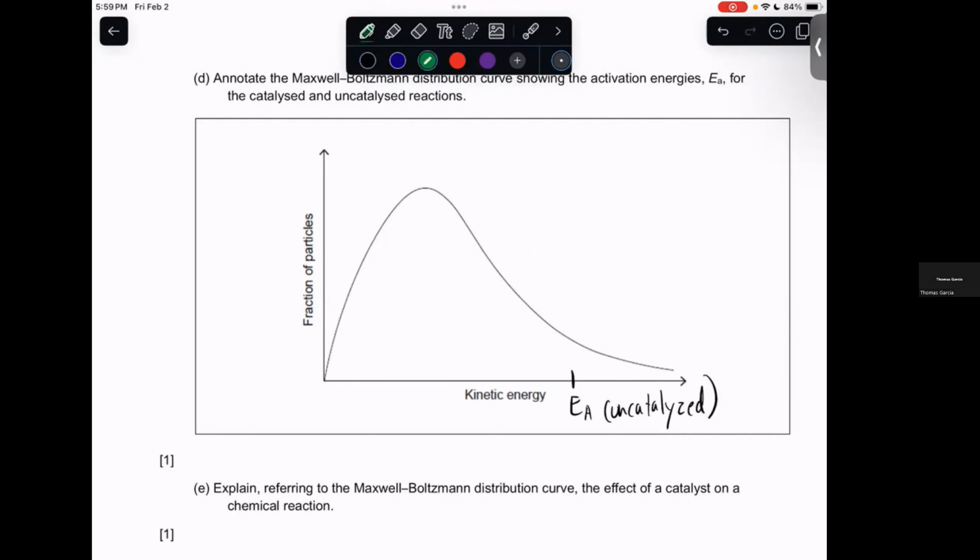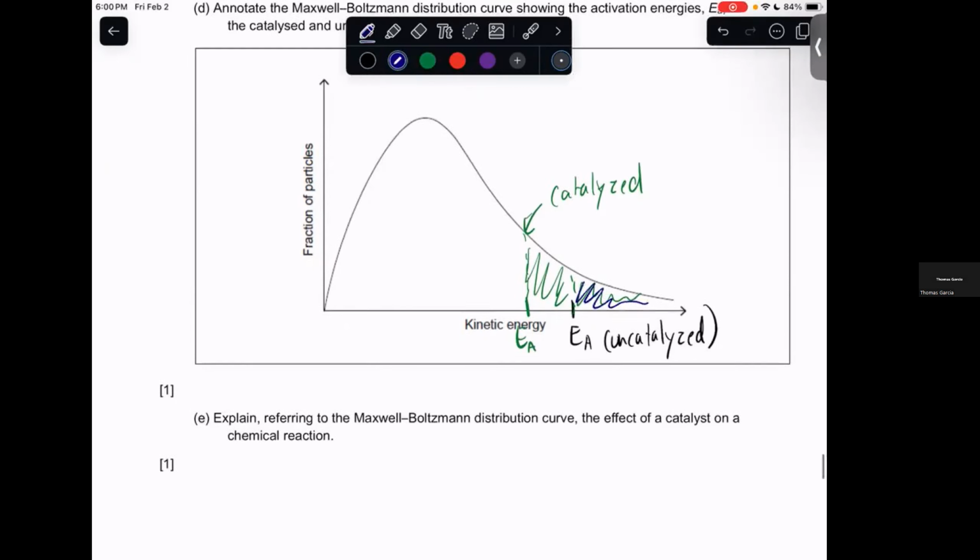So we'll do a new one somewhere lower, and this will be our catalyzed EA. And there's your points. You can indicate that you have more under the curve with our catalyzed, therefore more reaction.